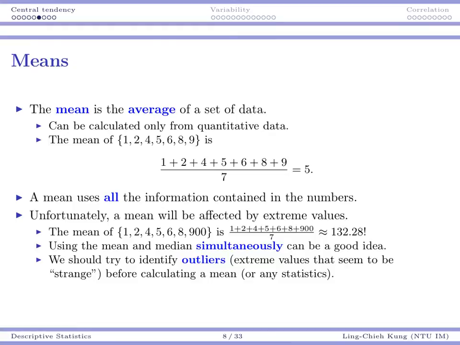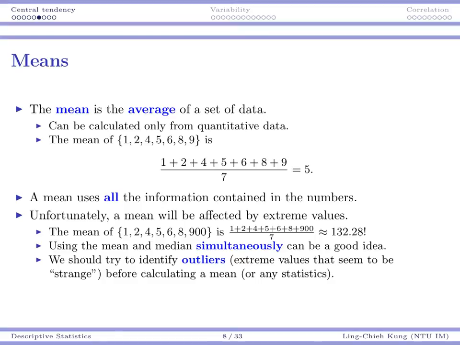So this immediately tells you two things. First, we really need to worry about outliers or very extreme values before we calculate the mean, because the mean is affected by outliers. On the other hand, the median is not affected by outliers.